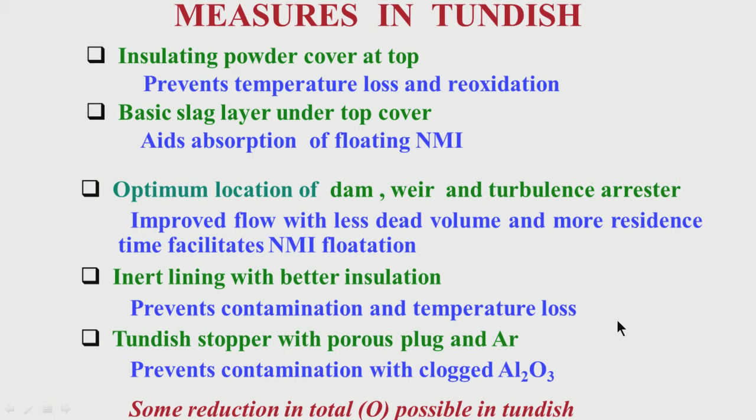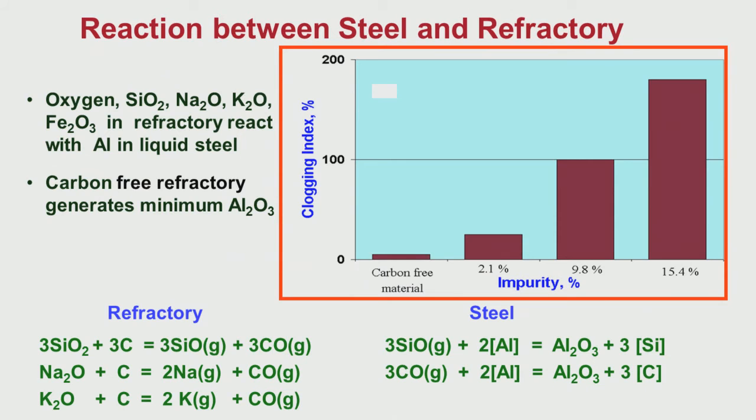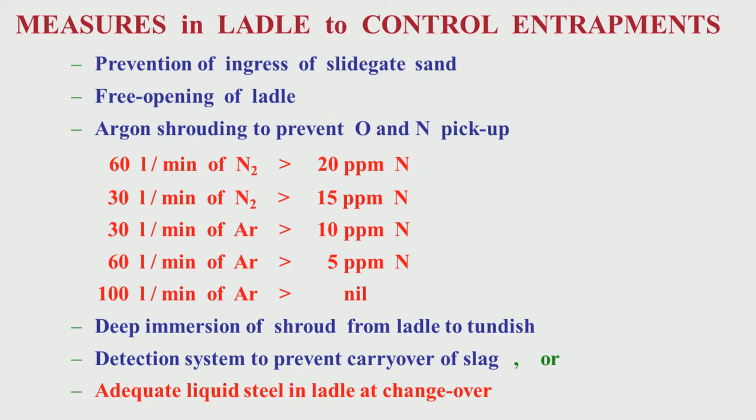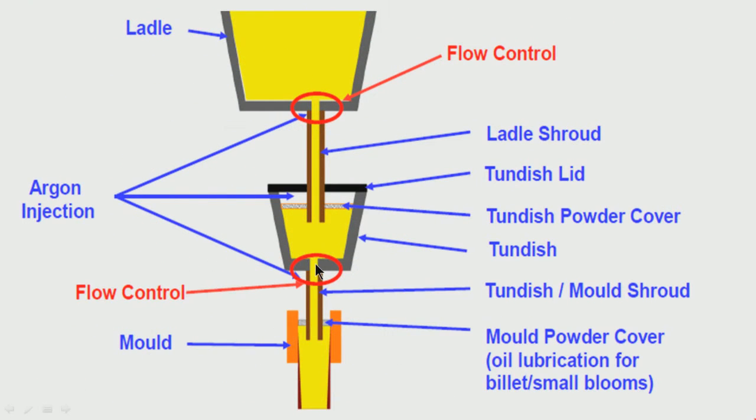So as I was telling you, here is a flow control device from the tundish where liquid steel is allowed to come into the mold. Here you must use argon to prevent reoxidation and renitrogenation.